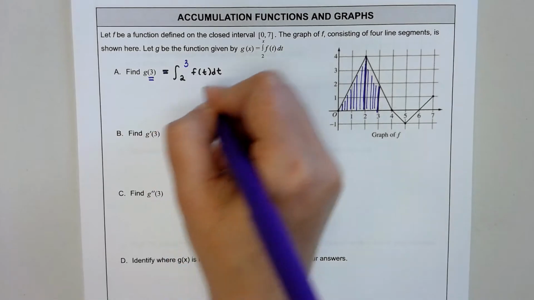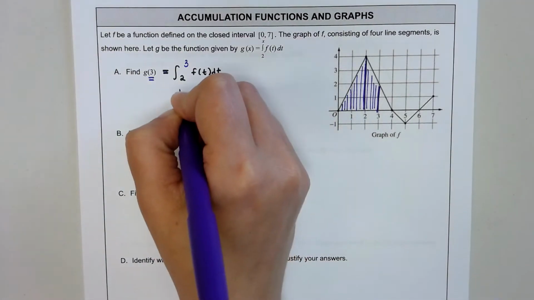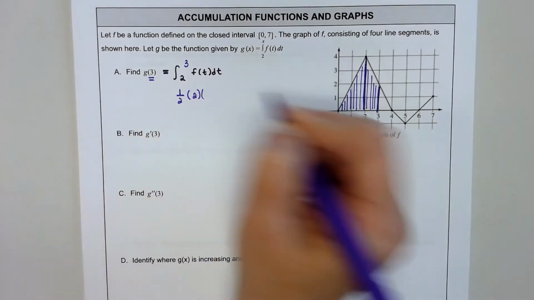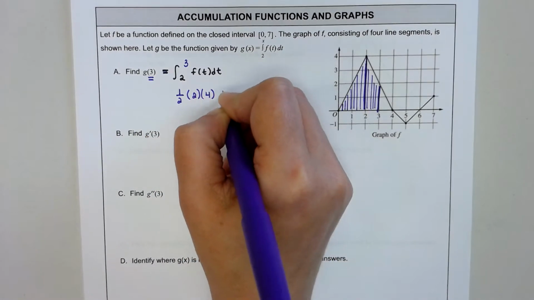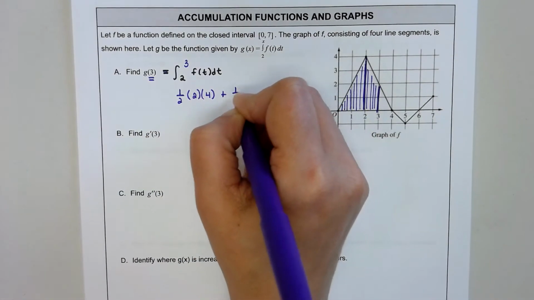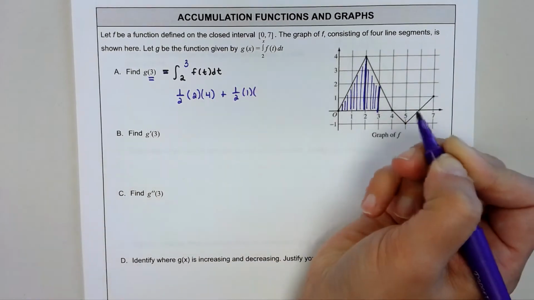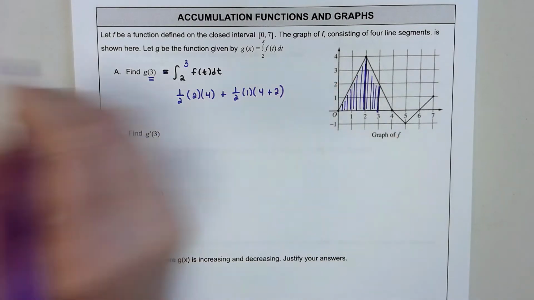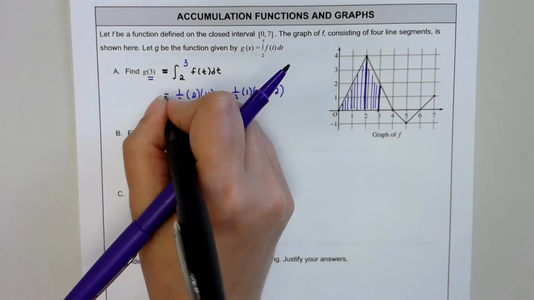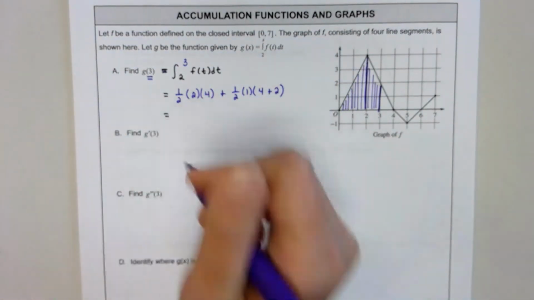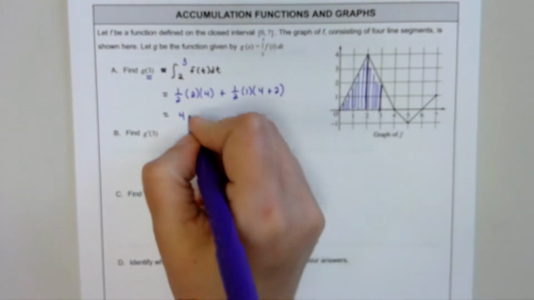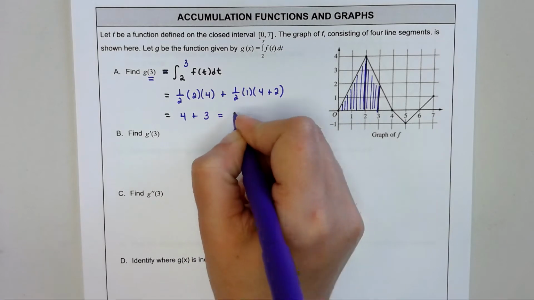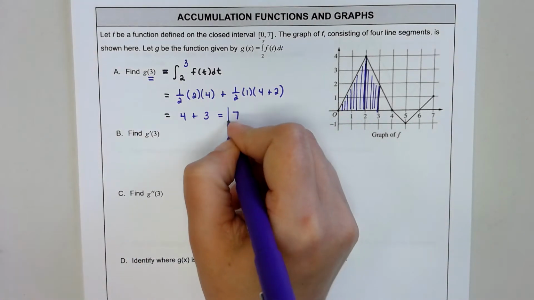So my area is going to be 1/2 times the base of the triangle is 2 times the height is 4, plus for the trapezoid it would be 1/2 times the height is 1 and the base is 4, the other base is 2. So I would get 4 plus 4 plus 2 is 6, so half of that is 3, which equals 7.